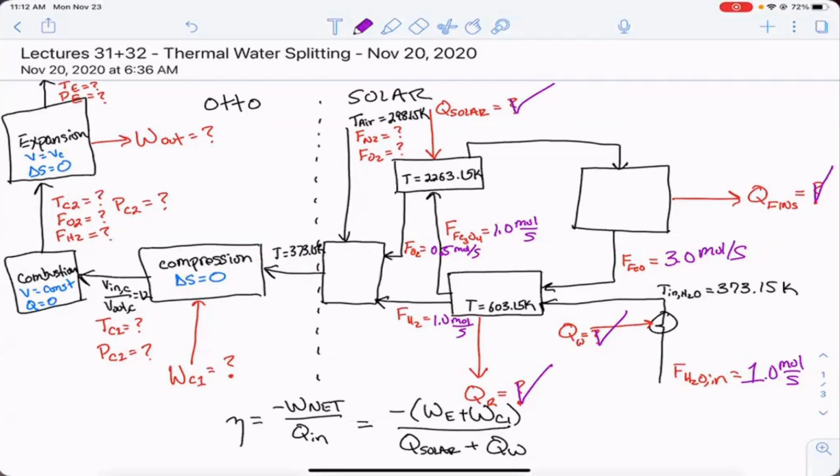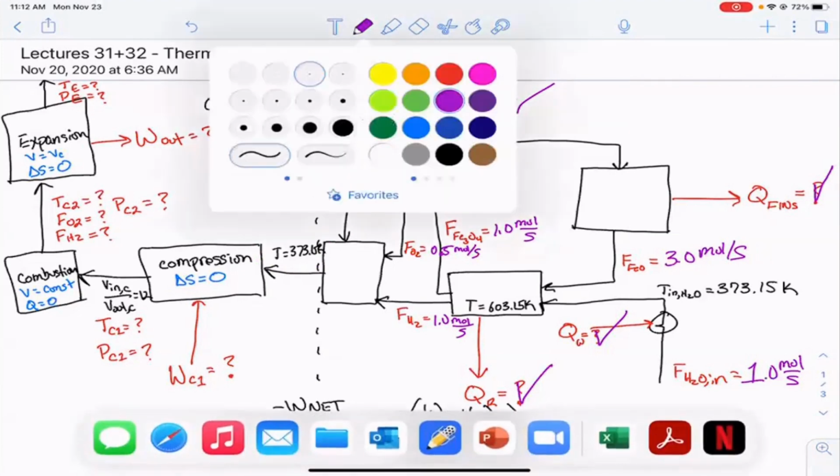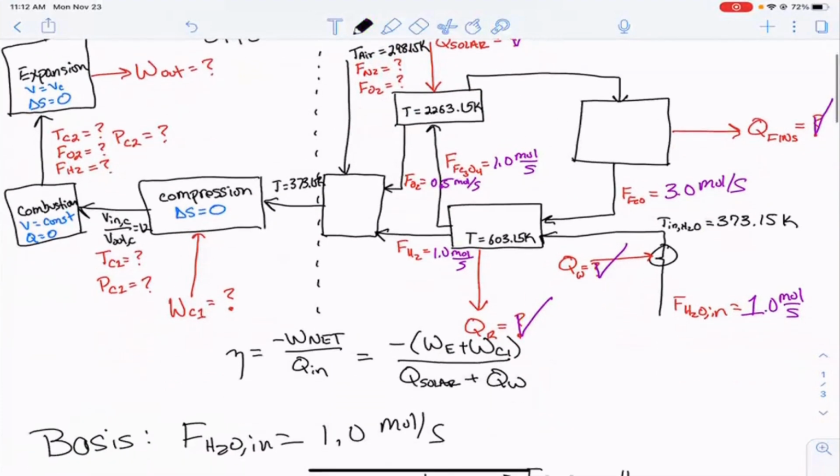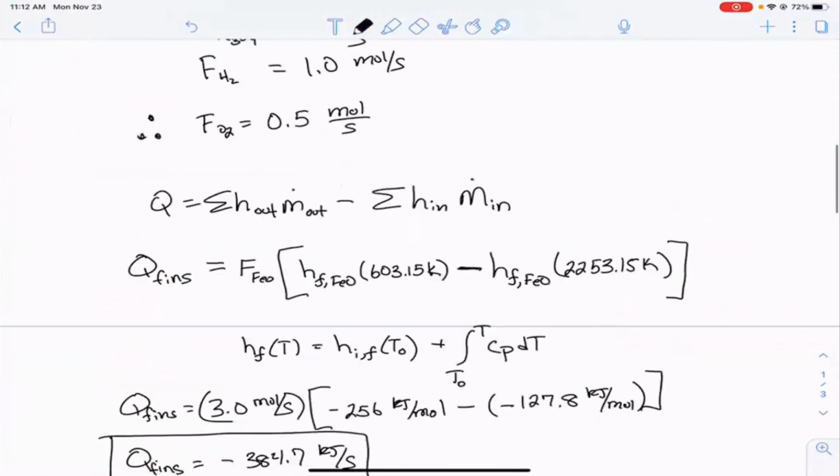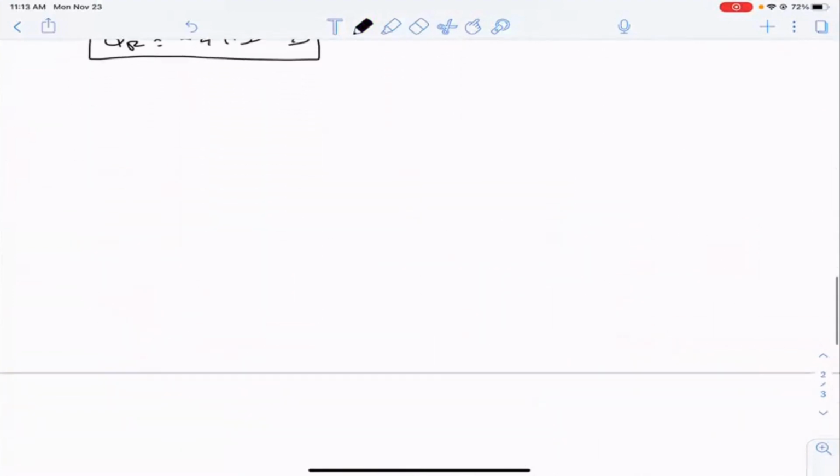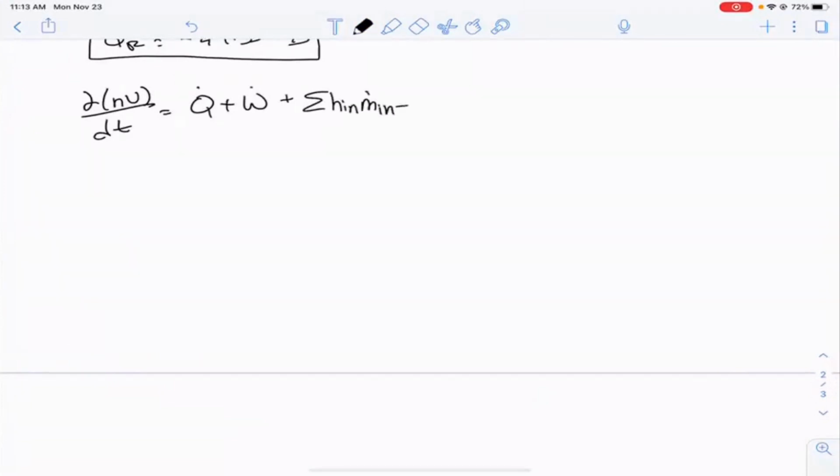And we can do that adiabatically, right? So we can have this box where we're mixing in adiabatically. And the result there, if you think about it from an energy balance perspective, remember dU/dt is Q plus W plus the sum of H in m dot in minus the sum of H out m dot out plus 1/2 m dot times V in squared minus V out squared plus m dot times g times Z initial minus Z final.